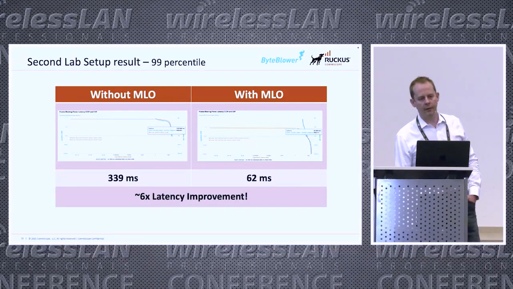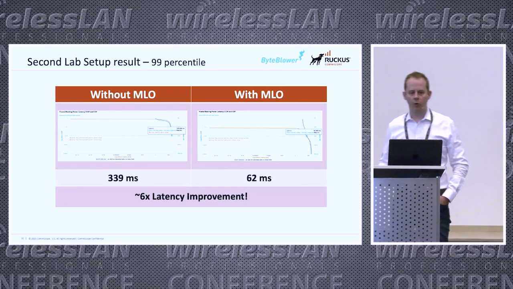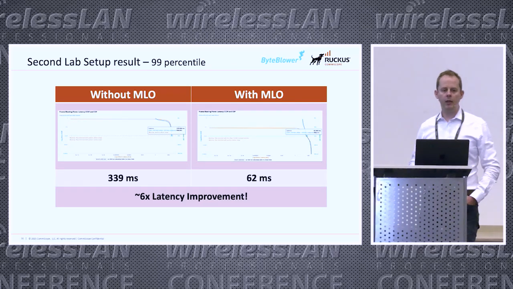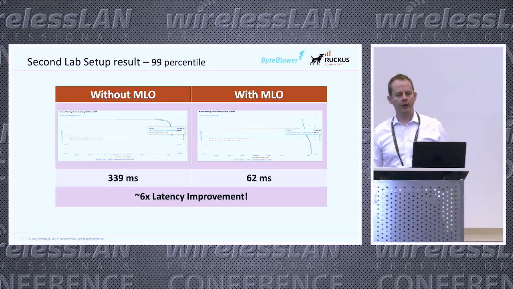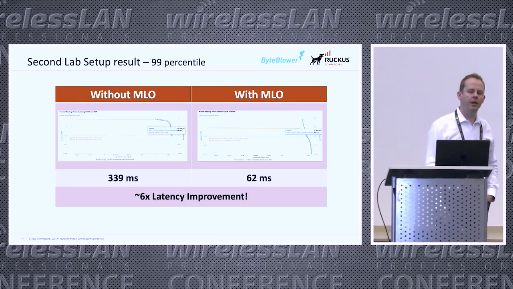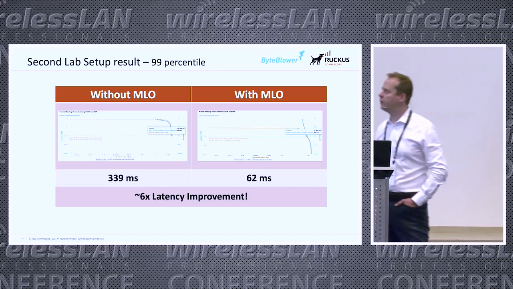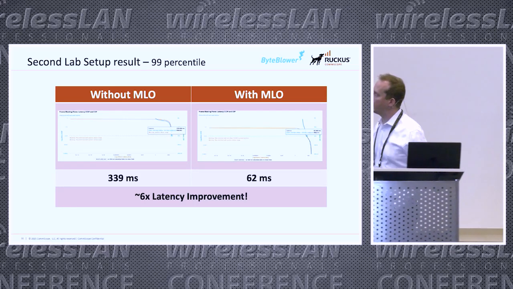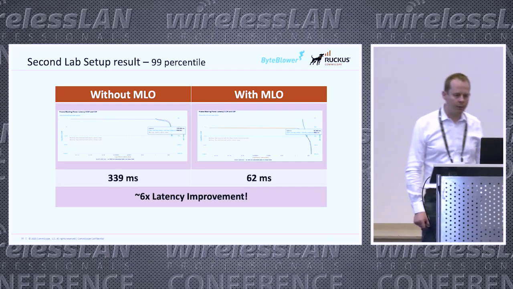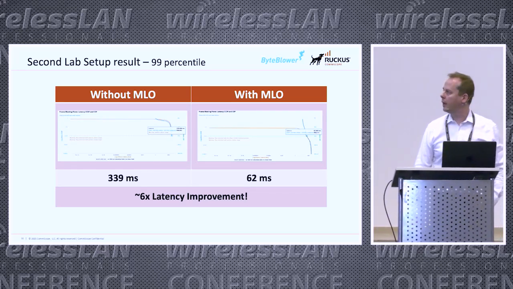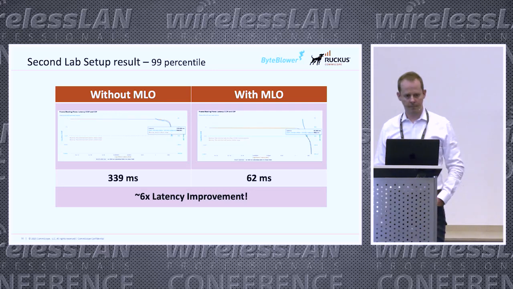And the results are, I'm going to make it quick. Without MLO, we have 339 milliseconds. With MLO, we can go down to 62 milliseconds. So there is a huge difference between the two once MLO is activated. And so, yes, there is a real benefit to use STR in such conditions.